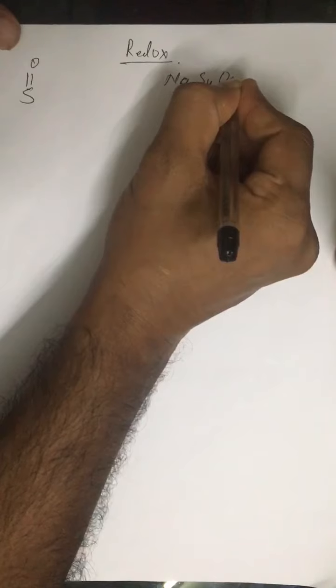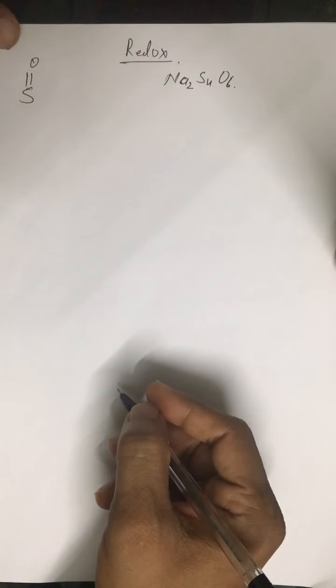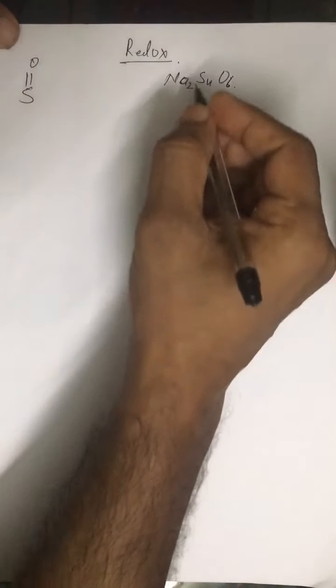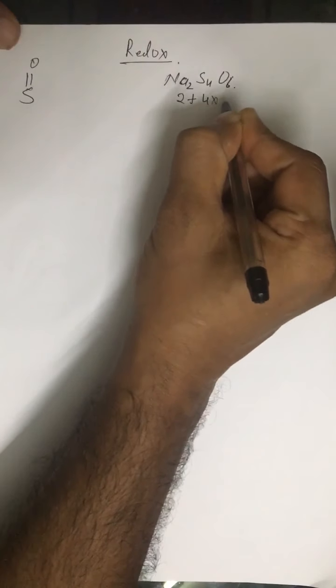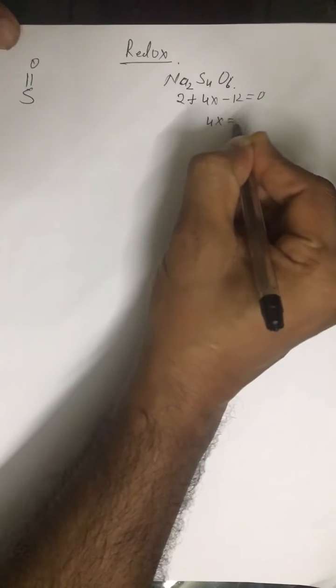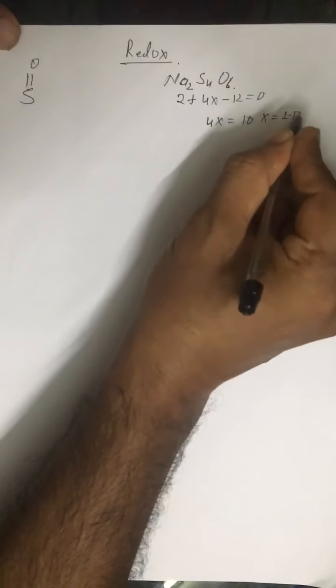Na2S4O6, sodium tetrathionate, and find out the oxidation state of sulfur. If you find the oxidation state of sulfur in the normal manner, that is 2 plus 4x minus 12 equal to 0. So 4x equals 10 and x equals 2.5.